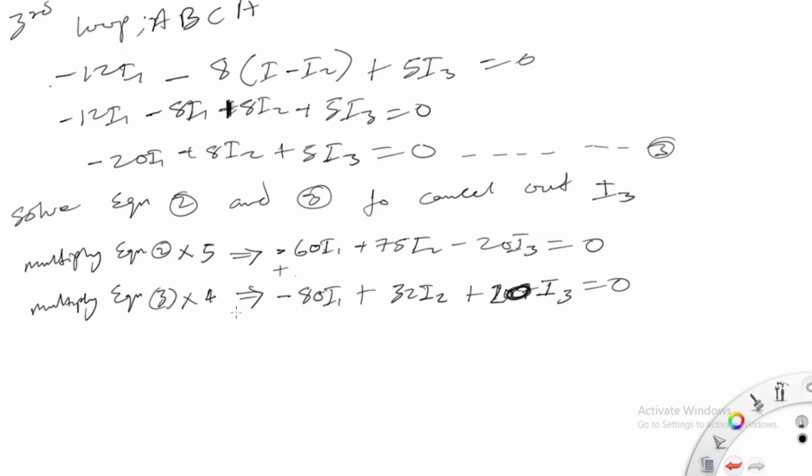So let's add this up and see our result. By adding it, this and this would go. So we would have minus 140I1 plus 107I2 is equal to 0.